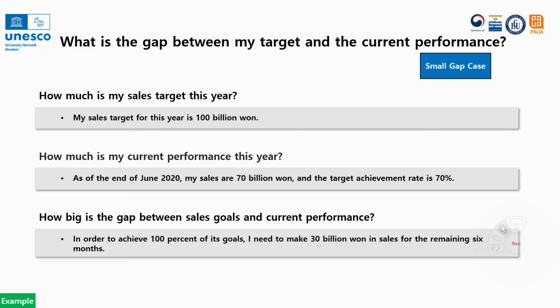So if we consider those two cases, the big gap case and small gap case, the target numbers are the same, but the current performance level is different. A lot of experts are saying the strategy is something we have to pursue to achieve the targets. But the current level of performance is also influencing the choice of the strategies a lot.